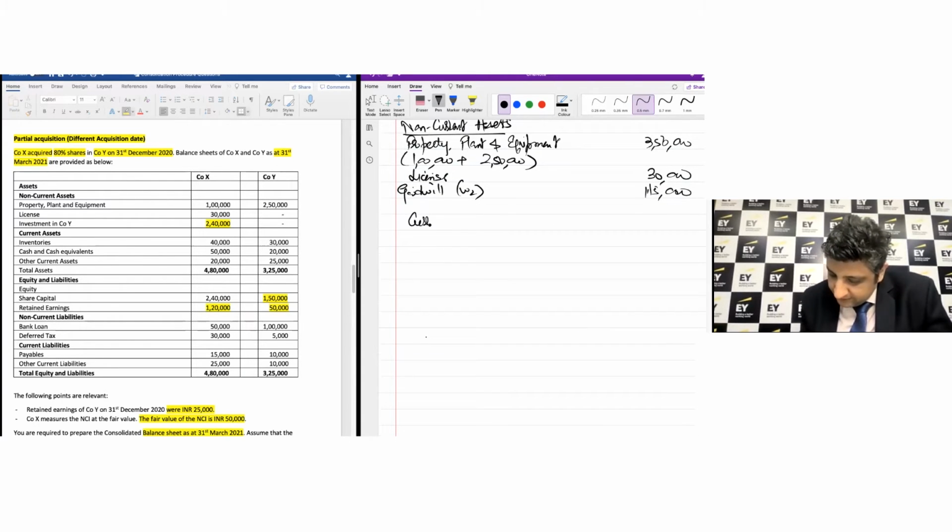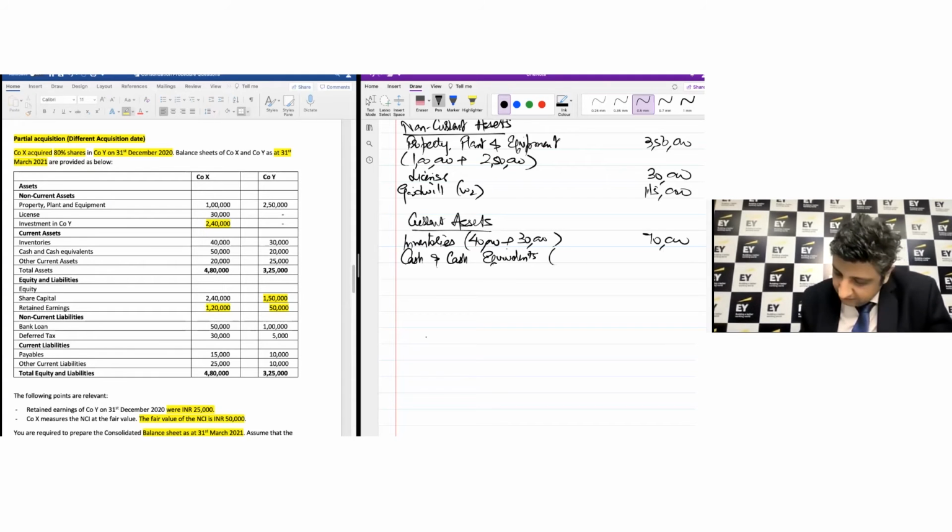Okay, and then we have the current assets, which is inventories, 40,000 plus 30,000, making it 70,000. Cash and cash equivalents, 50 plus 20. That's another 70,000.